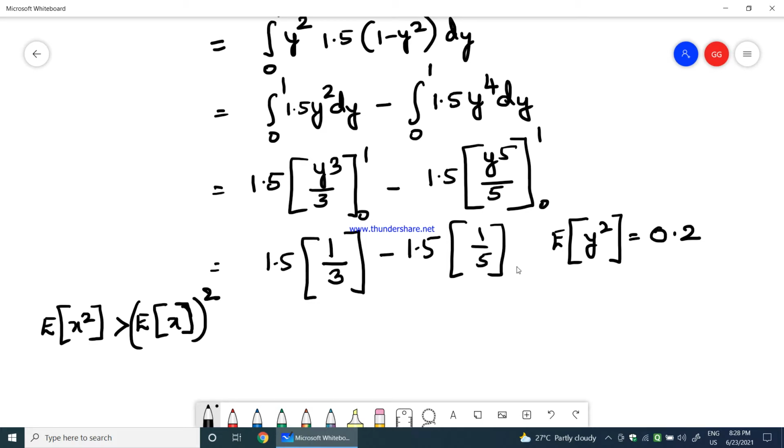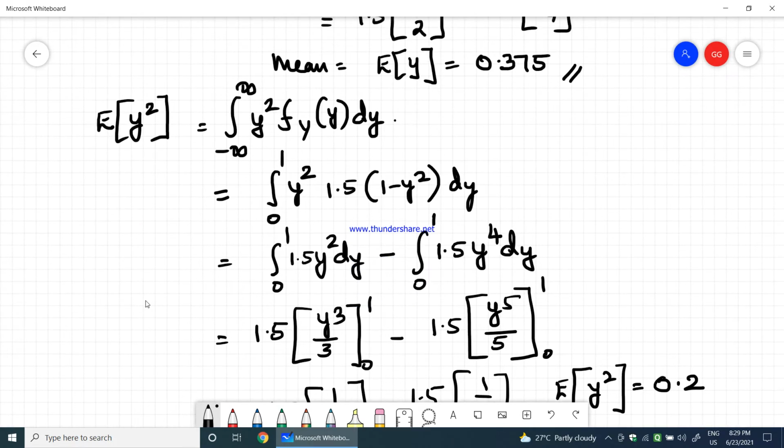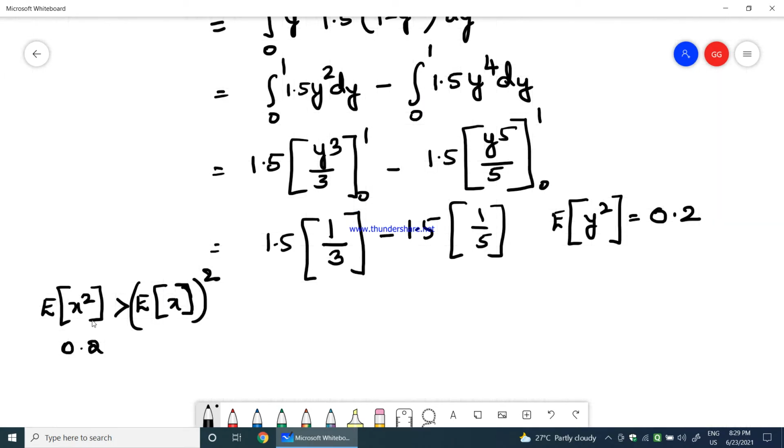So therefore, E of x square is 0.2. If you calculate E of x the whole square, what was E of y here? 0.375. Therefore, E of y square is 0.2, and E of y is 0.375 the whole square. Use your calculator and check what you get for 0.375 the whole square.